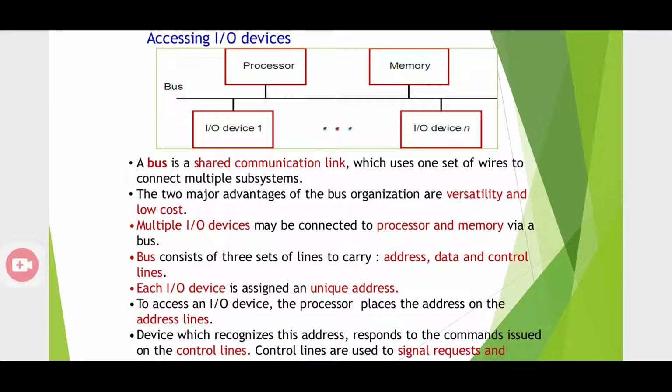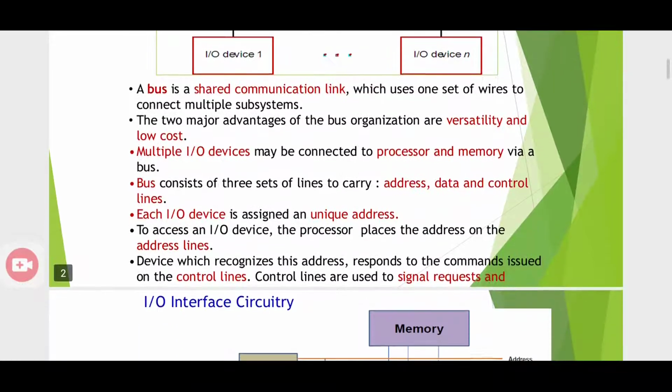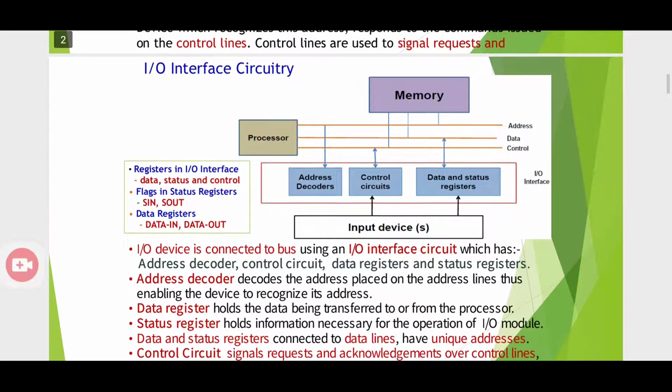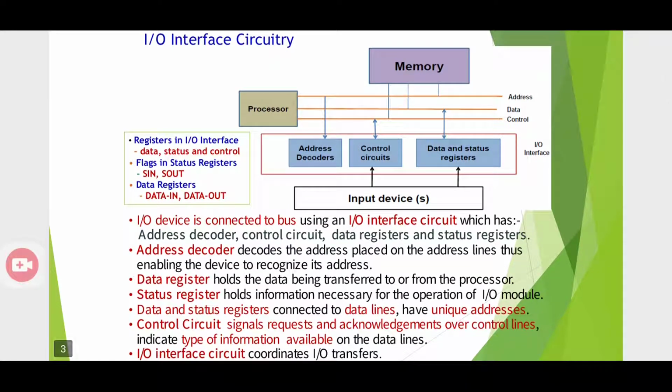The device which recognizes this address responds to the commands issued on the control lines. So the control bus is used for transferring control signals. Control lines are used to signal request and signal control. Okay.